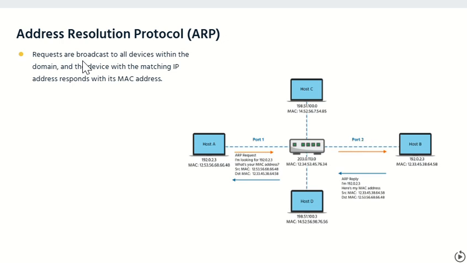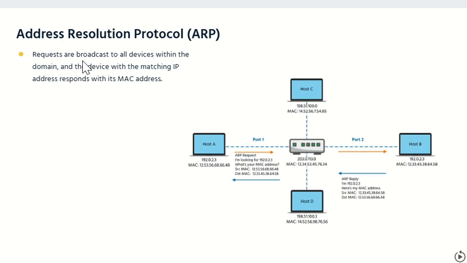Host A knows the IP address of host B, but it doesn't know host B's MAC address. In order to find out the MAC address of host B, host A sends an ARP request listing host B's IP address as the destination IP address and the MAC address of the Ethernet broadcast.